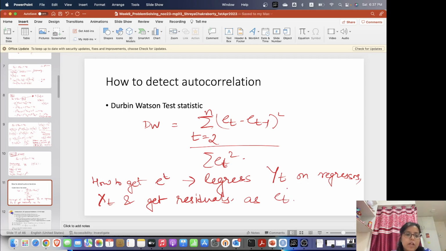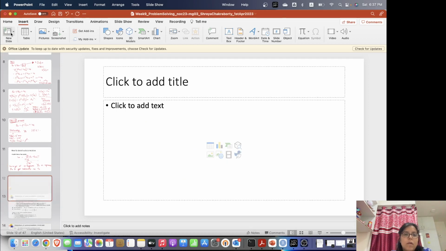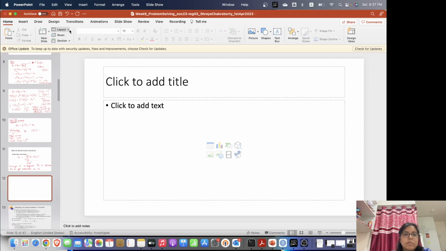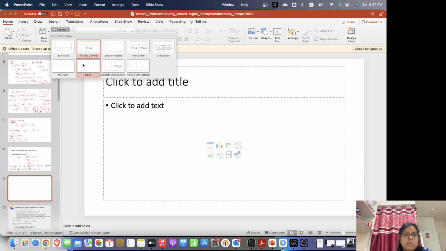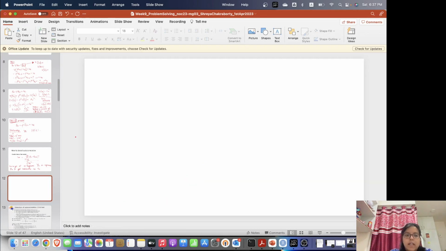Okay, I'm going to demonstrate how we are getting all of these together. Once we have our regression equation, we can calculate the residuals and get the Durbin-Watson statistic.